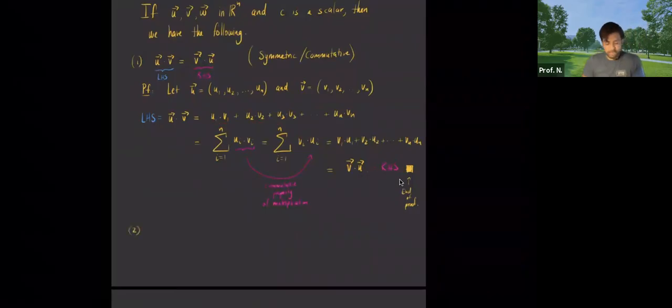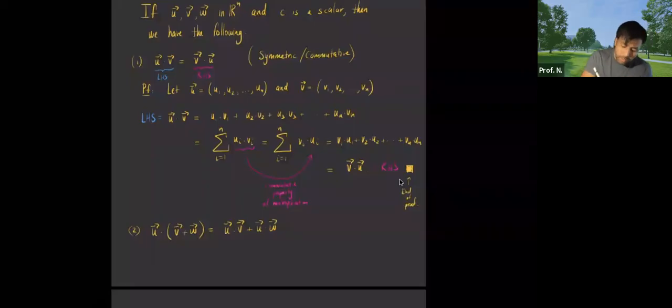It follows. What's another one? If I have u and I dot product it with v plus w, this will equal what? u dot v plus u dot w. So what do we have here? We have a distributive property.